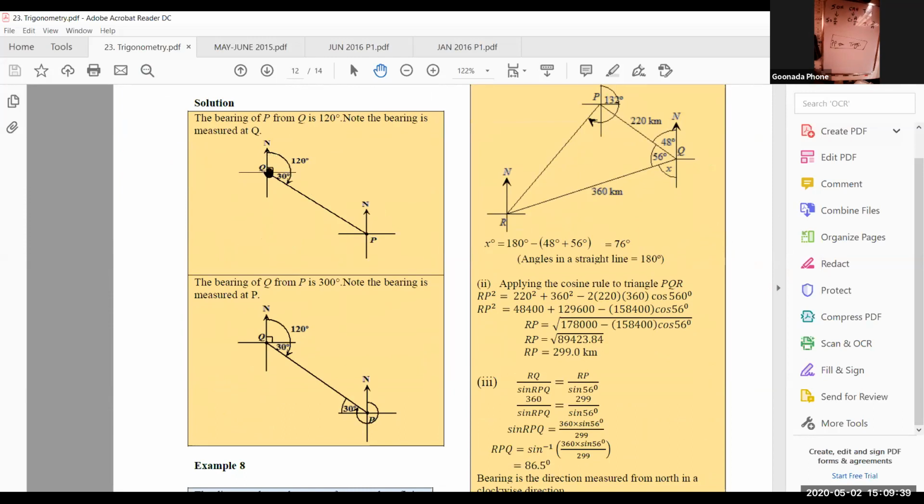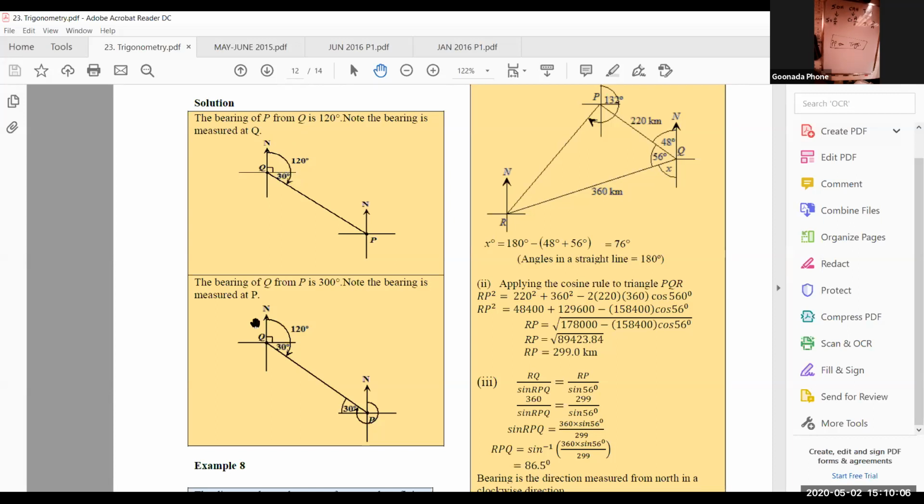So we connect the points, and since we want to find from Q to P, we're looking at it here. So this is 120 according to the question. This is 120 from north to this line, and as you can see, this is 90. So 120 take away 90 will give us 30 degrees. So that's how I got 30 degrees here.